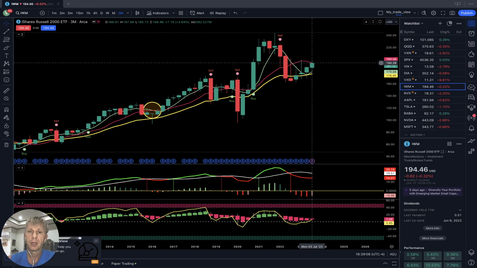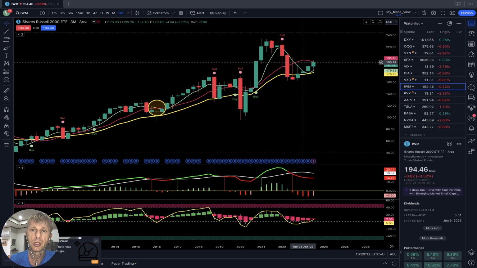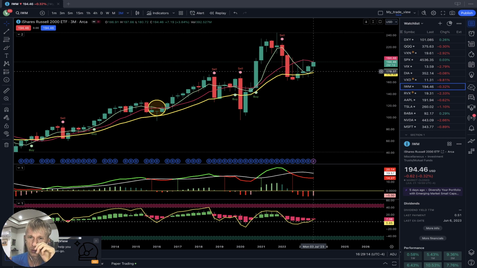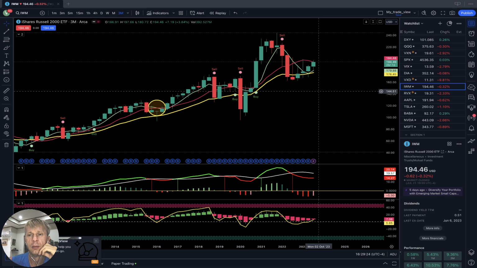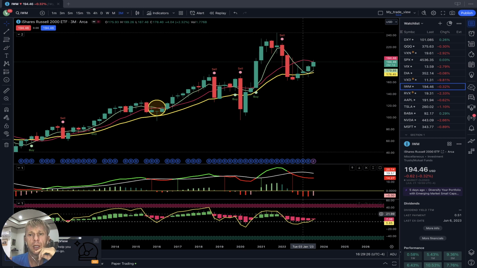It touched MA10. You see, 3 quarters ago it was rejected from MA10 and reversed. We'll see now, will it handle MA10 or will it be rejected also? So far, price action is positive, but all indicators are still bearish.